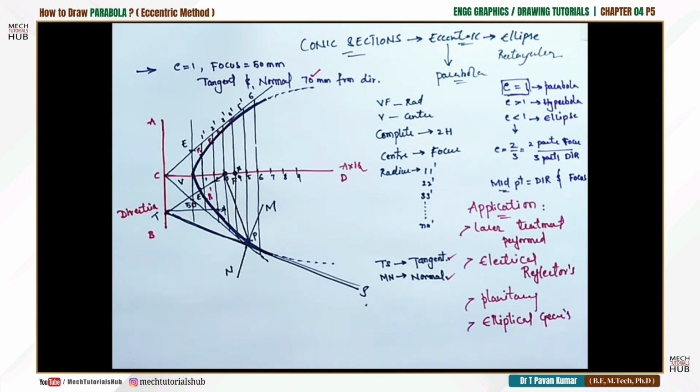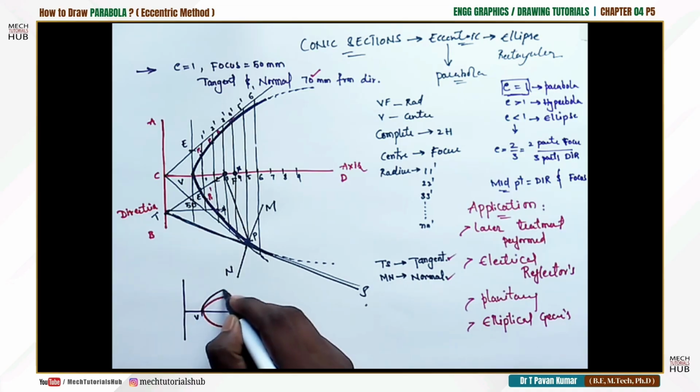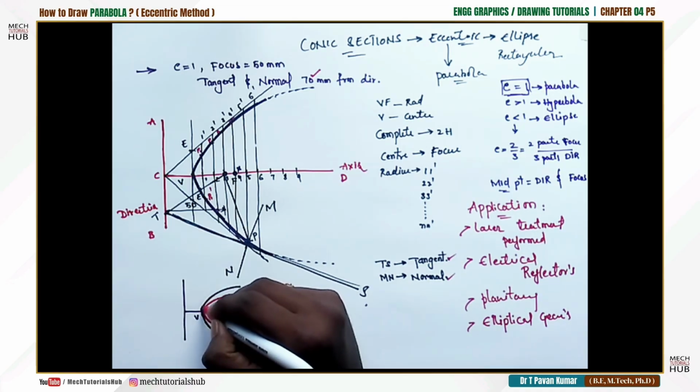Now in brief, I'll try to draw all three in this way. For example, this is the Directrix axis line. If you consider this point as V, then the ellipse is going to look something like that. This is the ellipse, followed by a parabola. This is how a parabola will look. Then a hyperbola will look something like this.